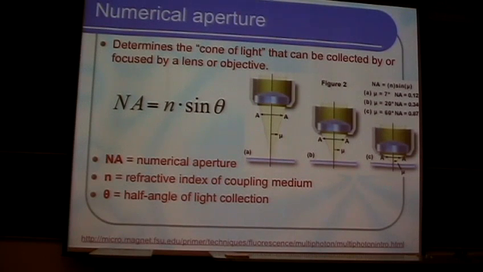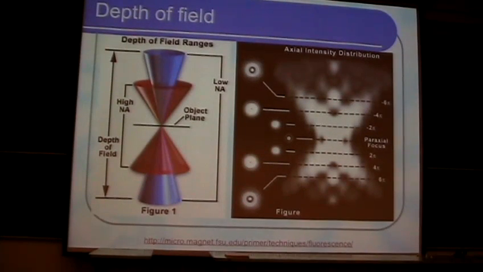Numerical aperture is a very important parameter which will determine the resolution of the optical imaging system. It also determines what kind of depth of field we have, and you can see from this cartoon here that the higher the numerical aperture, the smaller the depth of field, and vice versa.